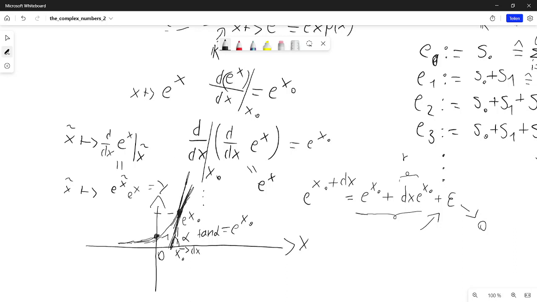You could also say that it is some h, so you don't need to call it x if it is confusing. It is just a variable h, and this is just a number, and then you realize that this is a line. This is describing a line, and this is our tangent.